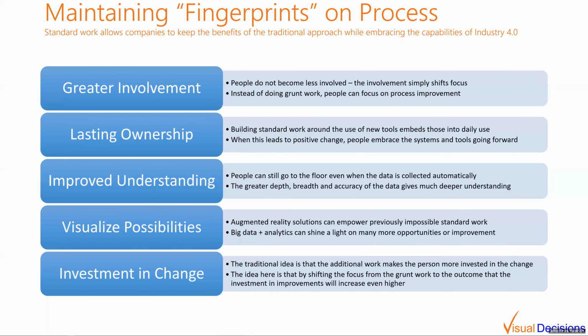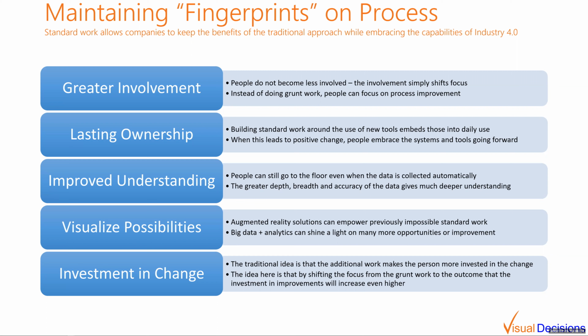But you can get greater involvement if you put the standard work in place for people to utilize that data in new ways. The involvement simply shifts focus. Instead of doing the grunt work of writing things up on the board or typing things into Excel, people can focus on utilizing that information for improving the process. You can get lasting ownership.